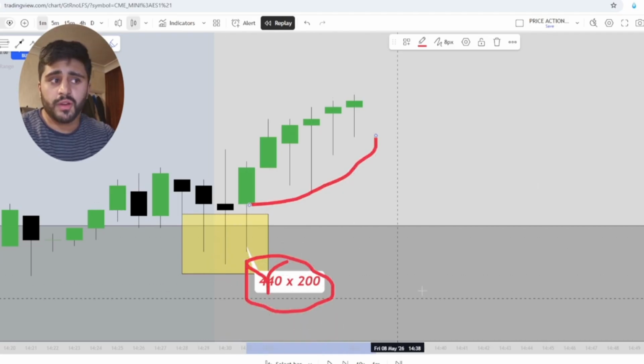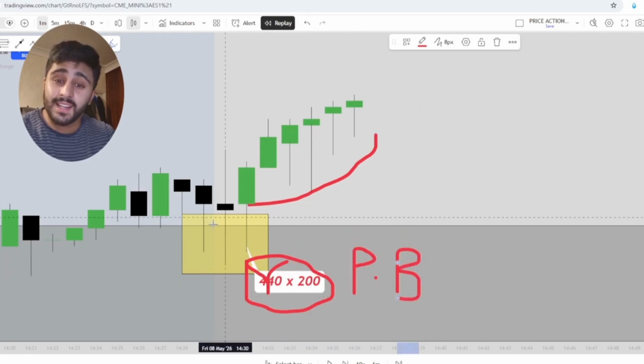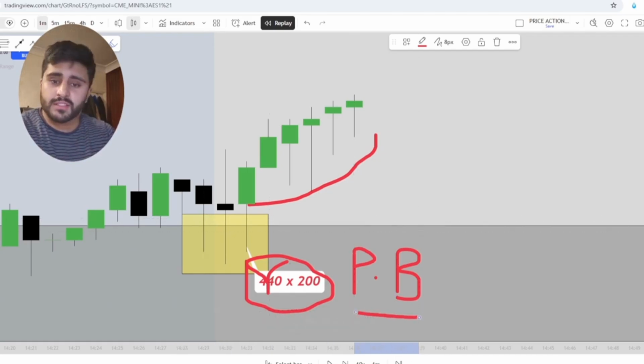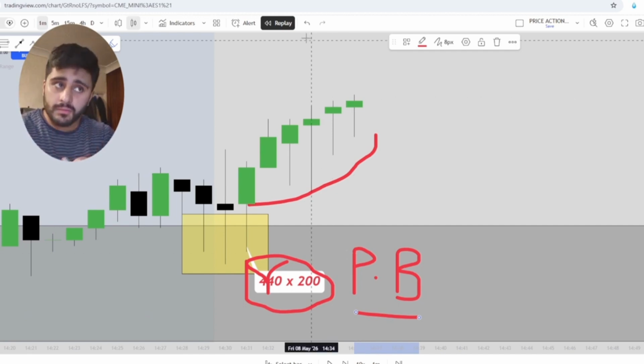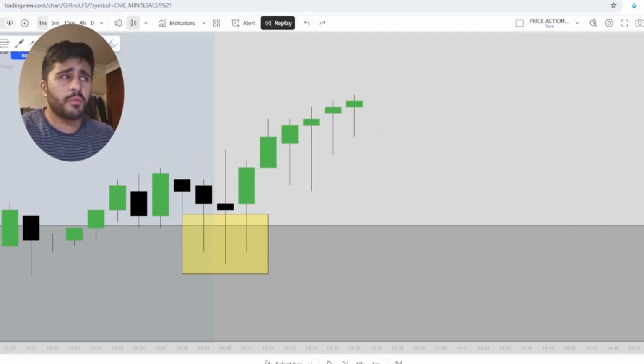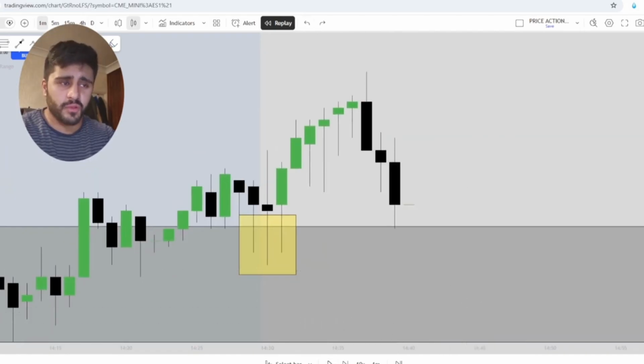There are passive buyers at this key level that we defined 15 minutes ago. Buyers are in control at this level, so you want to be buying inside of this key level. If you can understand that, you're probably ahead of 90% of traders, or even 100%, because most people don't even trade with order flow.